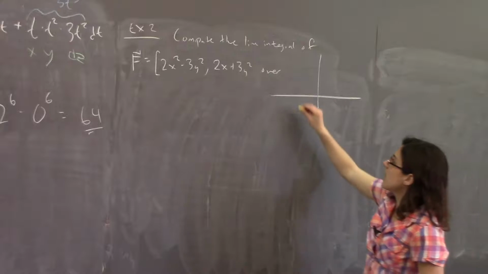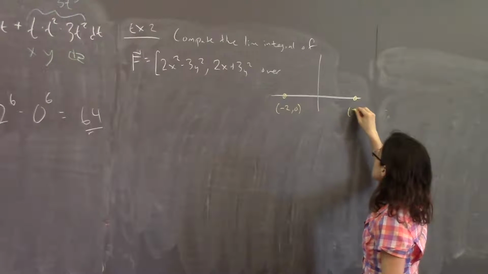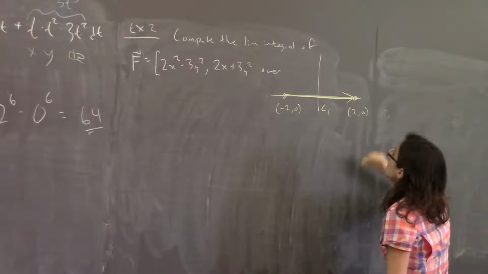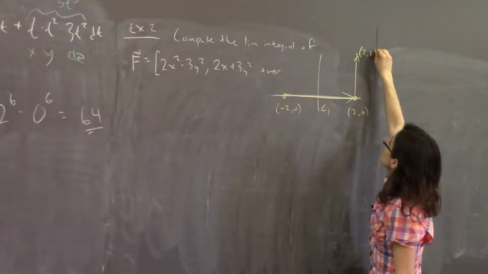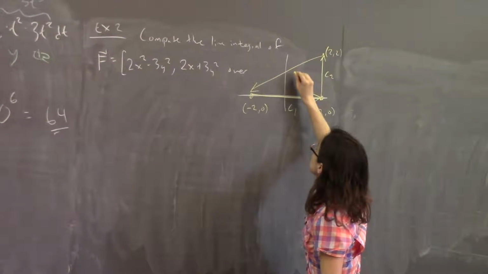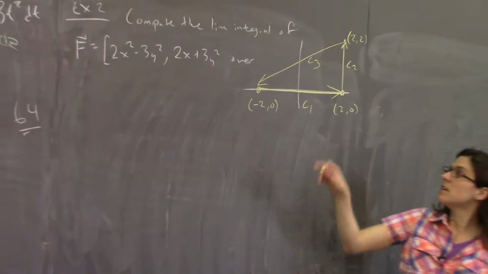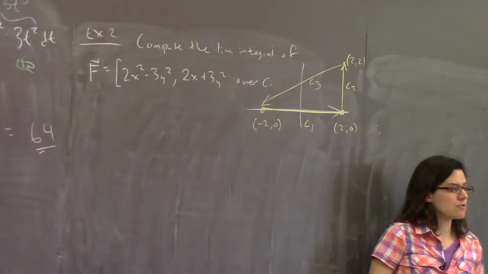First, we start at -2, 0. Then we go to 2, 0. So that's the first part of C. We'll call that C1. Then we go from 2, 0 up to 2, 2. We'll call that C2. And finally, we go from 2, 2 back to -2, 0. We'll call that C3. So that's the curve C. It does all three of those parts.